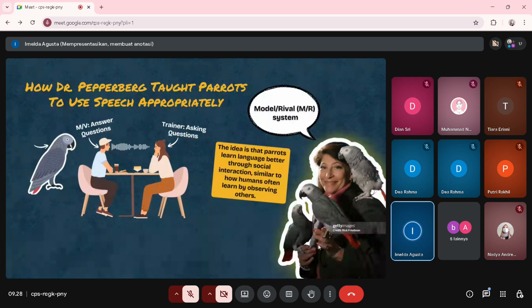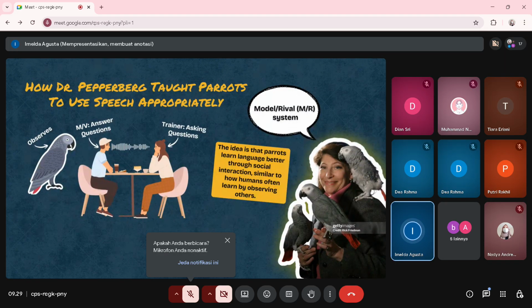When these two people are talking, the trainer's role is to ask questions like what is this, or what color is this, or what shape is this, and the person answering will say, this is an apple, this is a red color, this is a square shape.